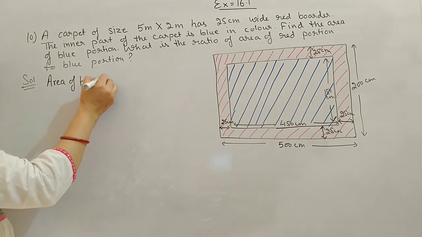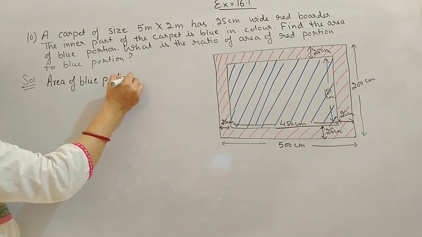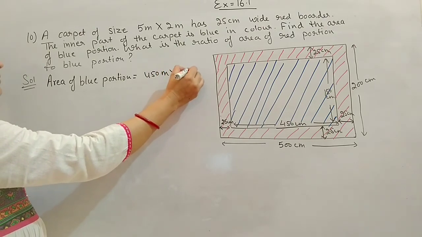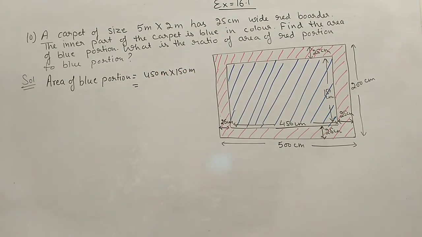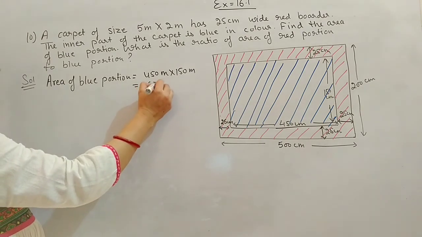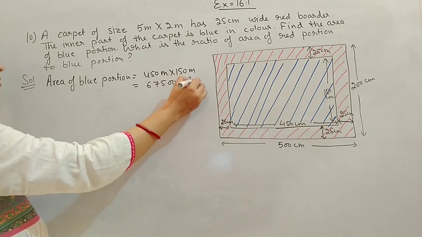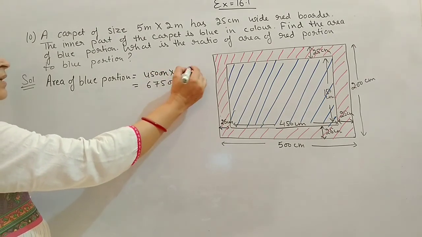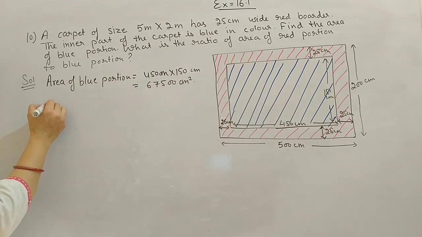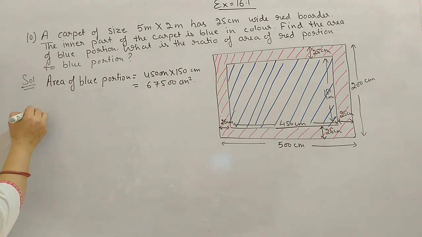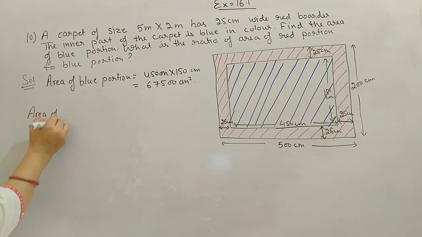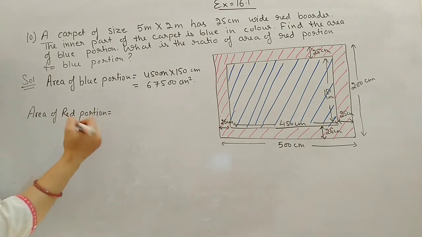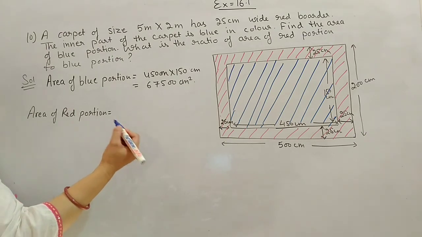Area of blue portion is length 450 and breadth 150, which you will get as 67500 centimeter square, because we have changed it into centimeter, so it will come centimeter square. Next, area of red portion. To find out the area of red portion, we have to subtract small rectangle from the big rectangle.